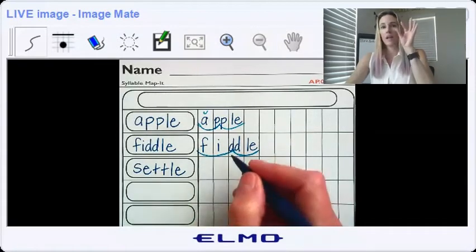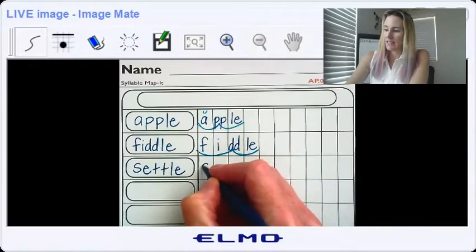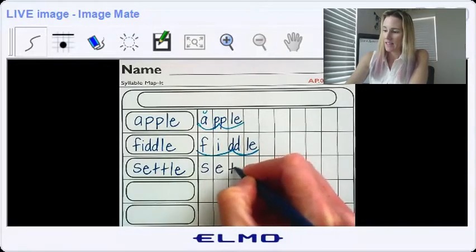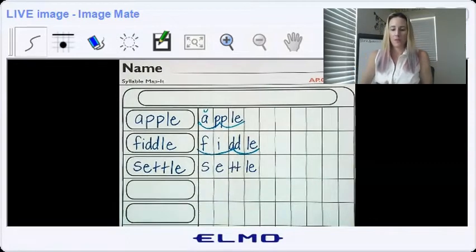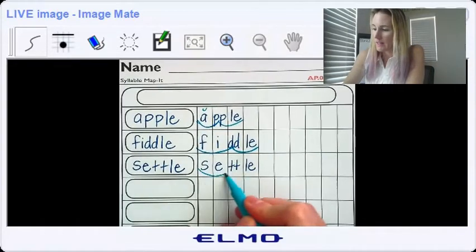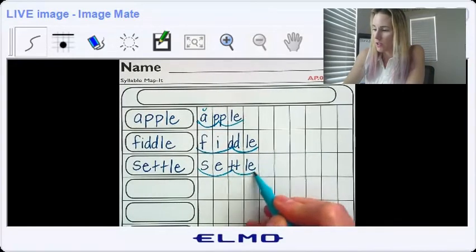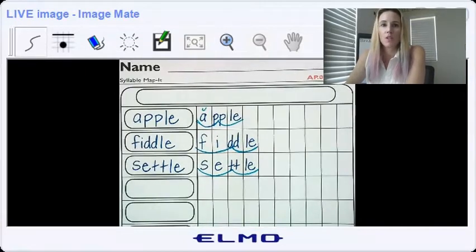So we're going to tap it. S-E-T-L. S-E-T-L. Settle. Okay, so I'm going to split these here. Settle. Settle. We're splitting the syllables between the two T's because we have that double consonant.